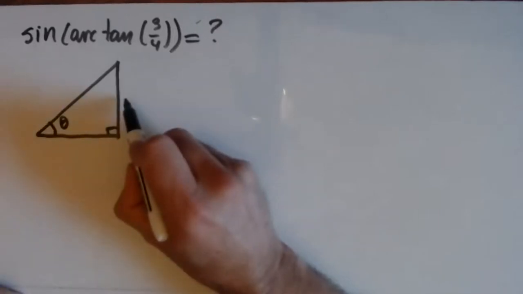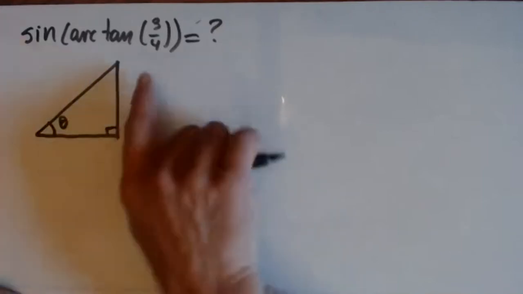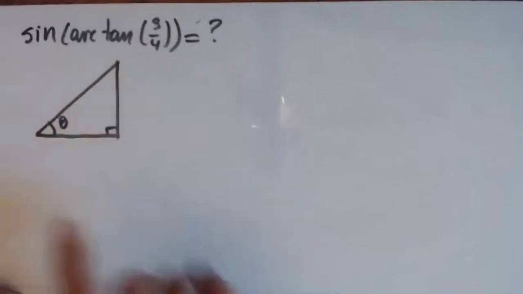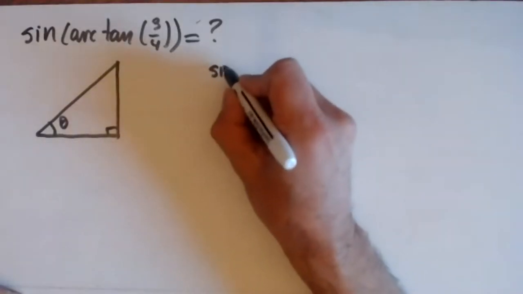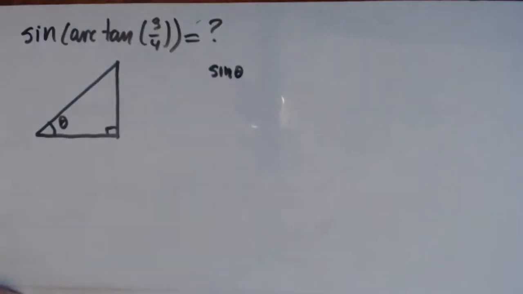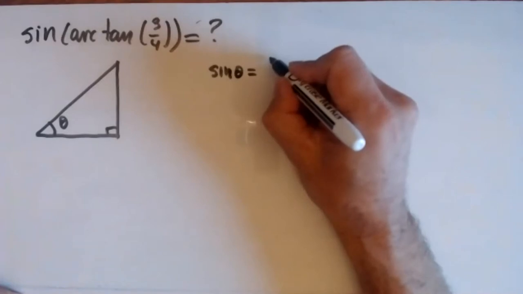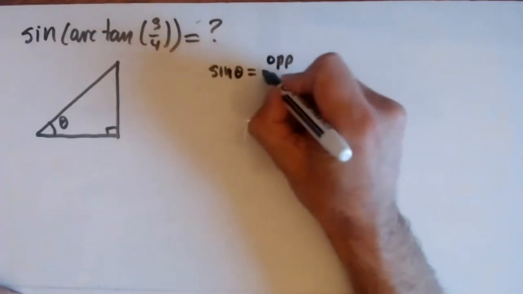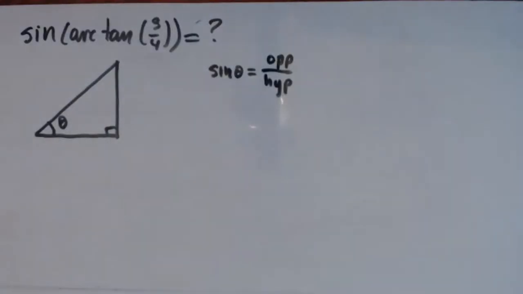Then this is going to be the opposite, this is going to be the adjacent, this is the hypotenuse, no problem. Now, the second thing you are going to do is, I know the ratio of sine theta. Sine theta is opposite over hypotenuse. This is what I know.